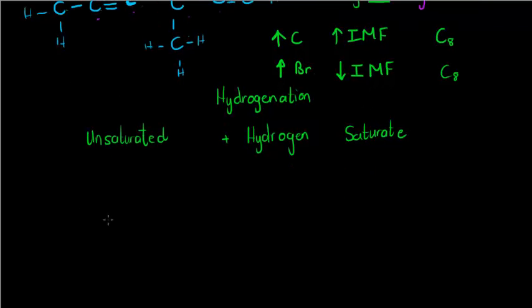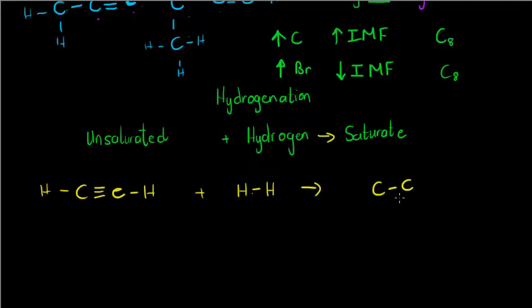So let me give the easiest one I can think of, okay, as an example, just to show you the one difference when we do this. Okay, hydrogen producing a saturated, in this case we have ethyne, and we will produce ethane, okay, and I just want to show you the problem is here we have 6 hydrogens.